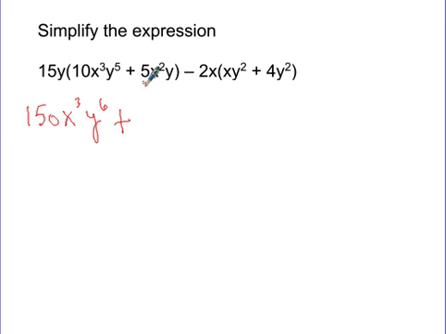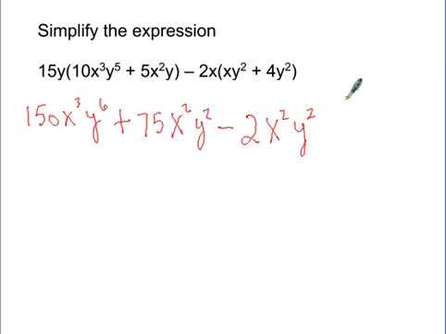Plus 15 times 5, 75 x squared y squared, minus 2x squared y squared, and then a minus times a plus is minus 8x y squared.